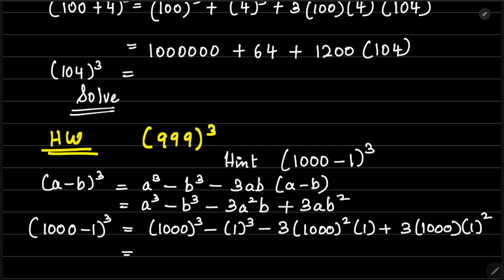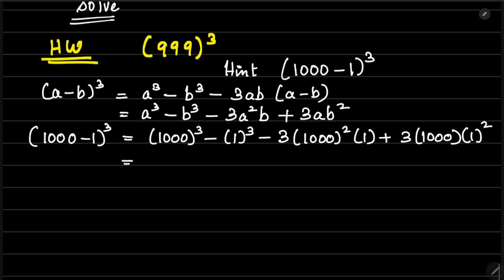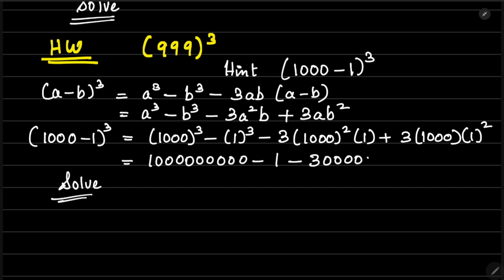Okay, so you'll have to solve this. You have to solve and find out the answer. It's very easy. So 1000 cube minus 1, minus 3 times 1000 square, plus 3000.